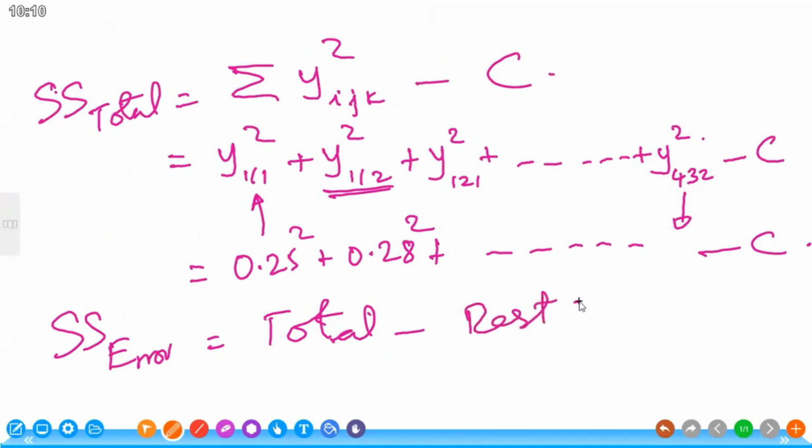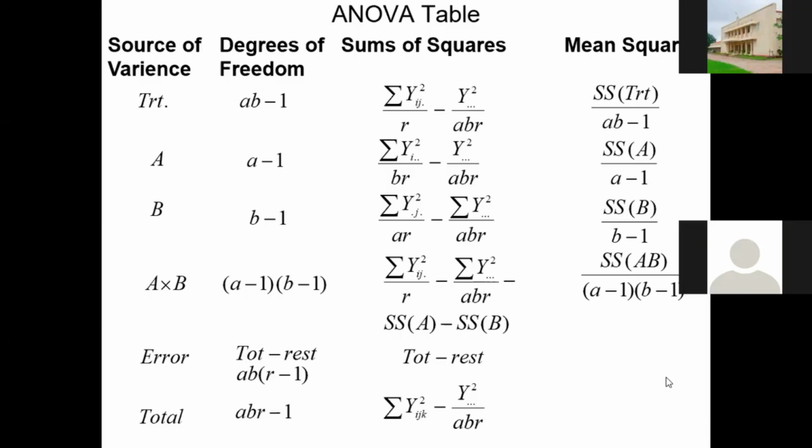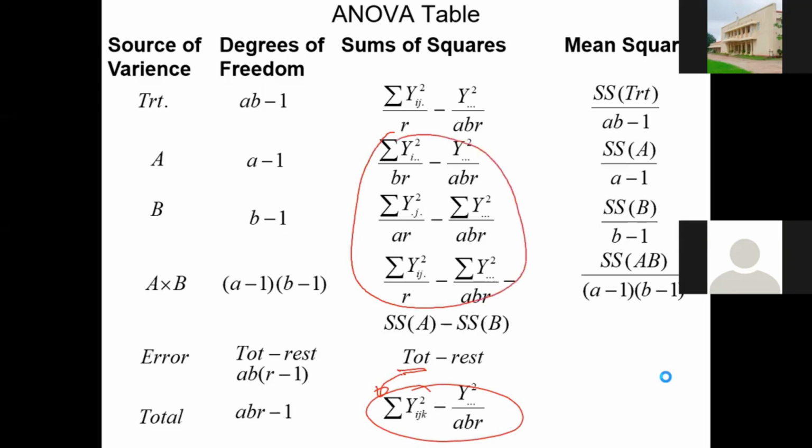Rest means these components, for example, I will show you. Total means this component. Minus rest means either you can take these 3, or this 3 is the same as this 3.